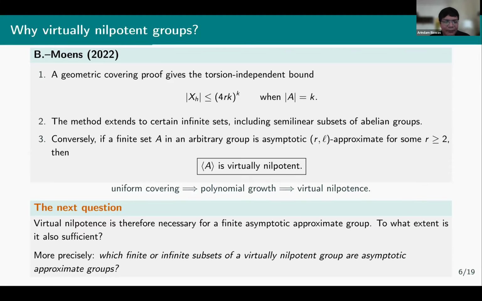Then we also looked at what sort of infinite sets will satisfy this property, because this property is quite natural. Nathanson had shown that all finite sets satisfy this property in abelian groups. So we looked at what sort of infinite sets in abelian groups will satisfy it, and a natural candidate was semilinear sets. Semilinear sets, just to recall, are finite unions of arithmetic progressions.